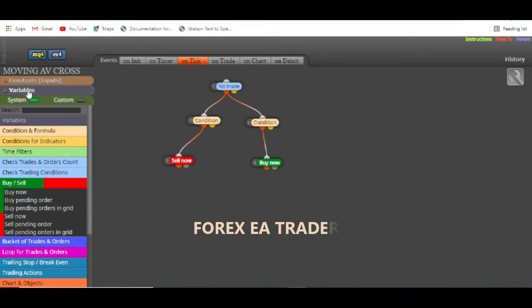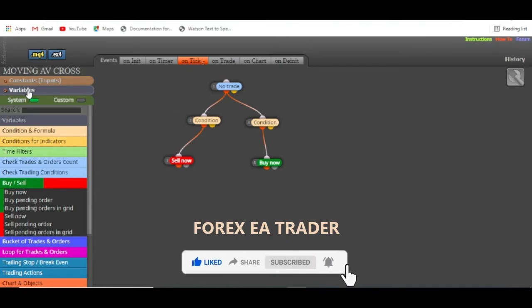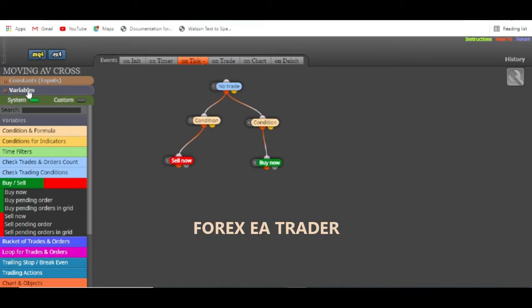So before we get into making these robots, I feel it's important that we have an understanding of this. First of all, before you even think about using this tool, you need to have a working Forex strategy, a strategy that has worked for you, that you think you can make automatic so that you are not always at your charts, especially if you have a job.